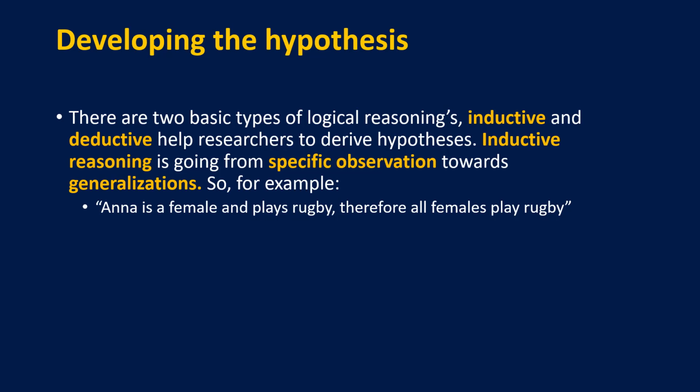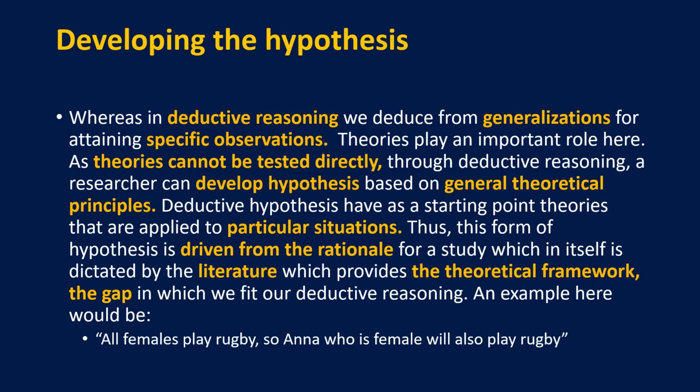However, what we tend to work with in science generally, not dismissing the inductive approach at all, and in fact inductive approaches have their place, but we tend to work using deductive reasoning. And this, again, is going back to that testable question. So from this, we move from generalization to specific observations.